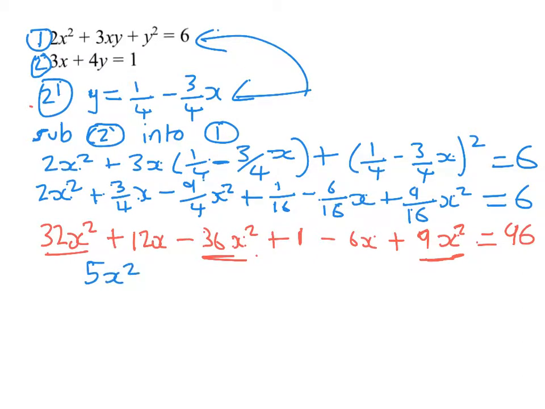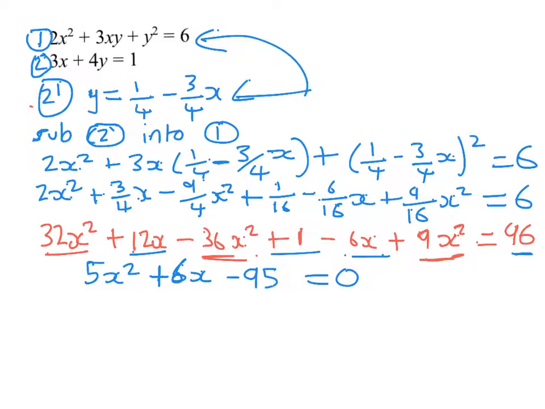What about my x's? I've got 12x minus 6x, so I've got plus 6x. Now, what have we got in terms of just the constants? I've got 1, and then I've got 96 there. So I'm going to bring that over and do 1 minus 96, which of course gives me minus 95.